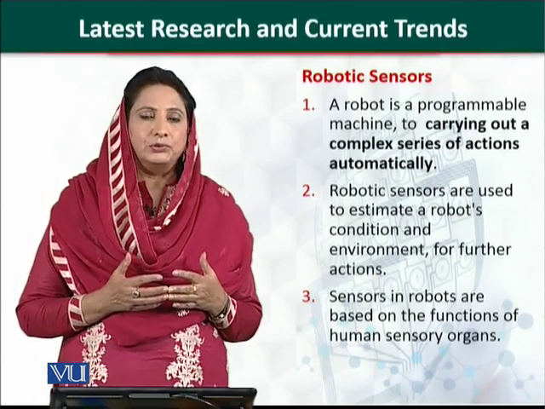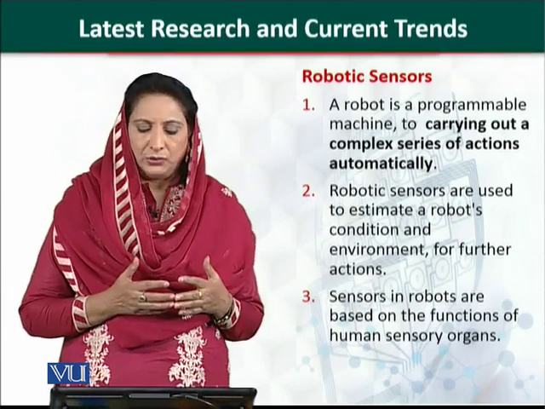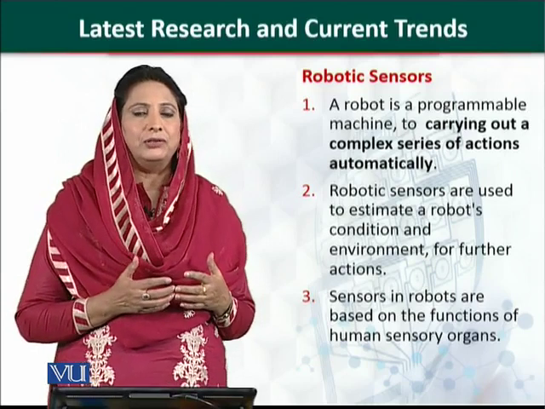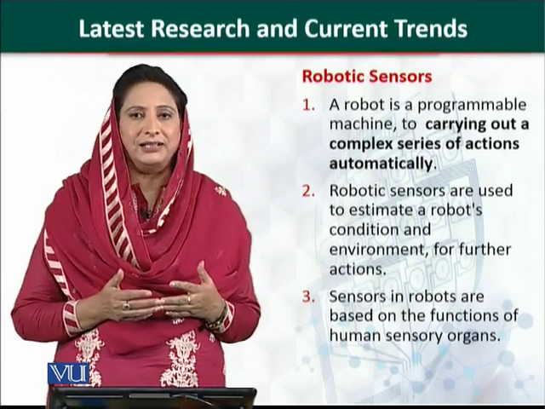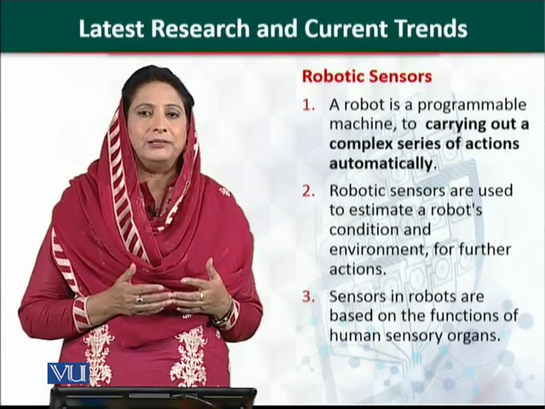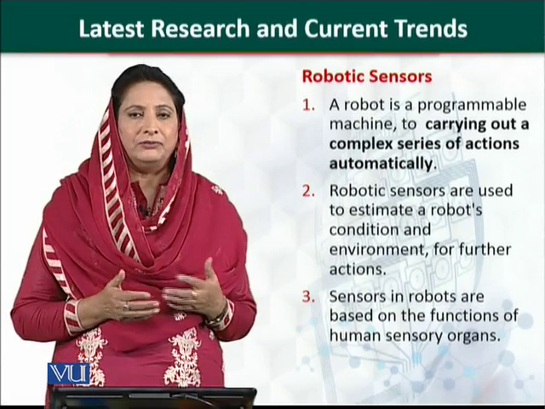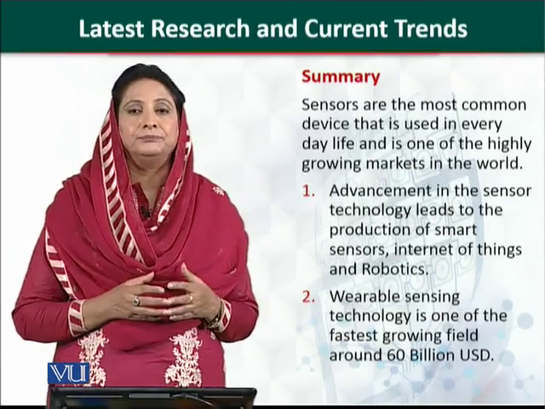Sensors in the robots are fixed and these sensors are based on the human sensory organs. यानी कि human sensory organs को base बनाकर robots के robotic sensors डिज़ाइन किए गए हैं. And that is why these robots can perform different human-like functions.